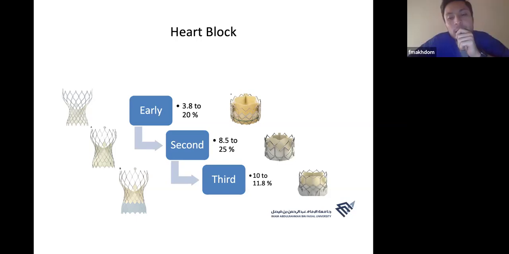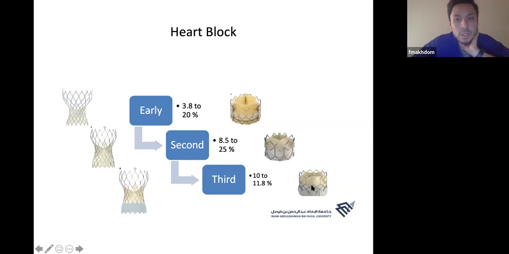You see in front of you now the incidence of heart block. It did not change a lot with the advance in technology, but especially for the Sapien valve, it increased. If you notice in the PARTNER trials, the heart block, the conduction complication, has increased. And this is due to the addition of the skirt at the bottom of the valve to decrease paravalvular leak.